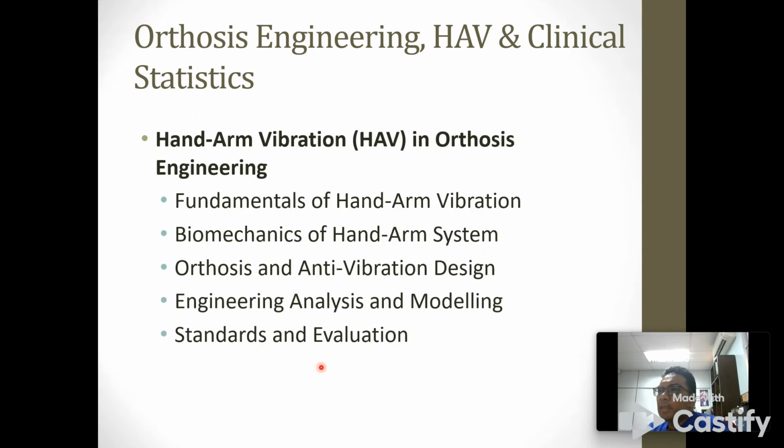Next week we will touch on the detail of hand arm vibration in orthosis engineering: fundamentals of HAV and the biomechanics of the hand arm system, which is more on the medical side, involving the nerve system, and what biomechanics of the hand arm may be affected by high vibration. Then orthosis and anti-vibration design, what kind of solutions you can produce from the orthosis device, engineering analysis and modeling, and finally standards and evaluation.